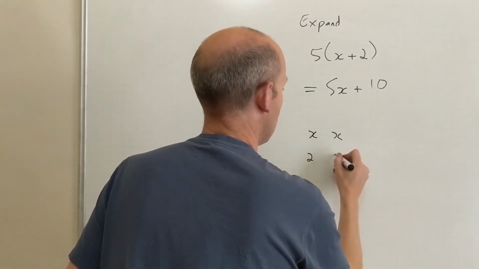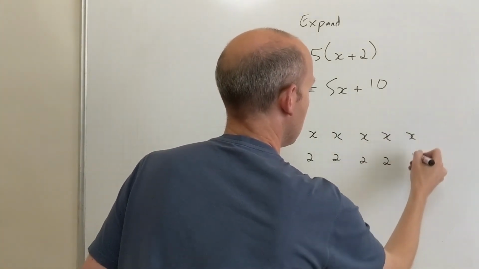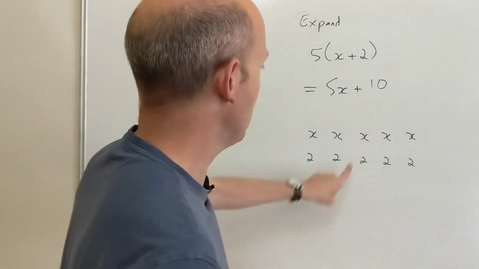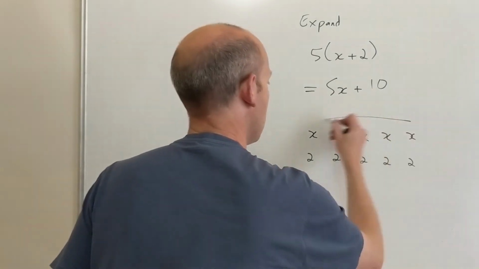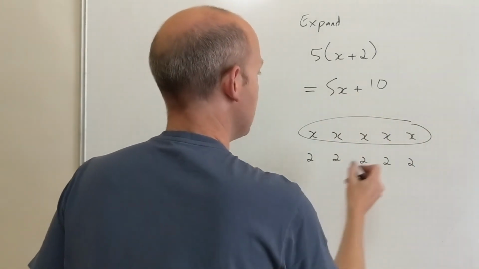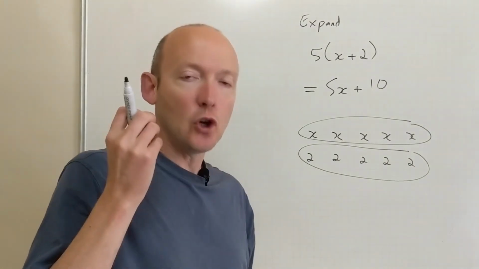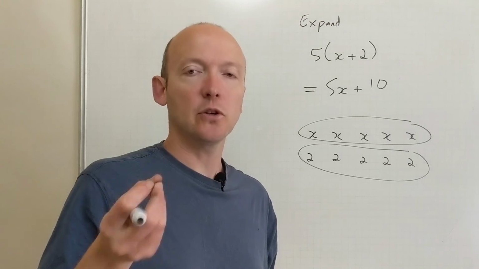Because if I have got 5 groups of x plus 2, 1, 2, 3, 4, 5, that's just the same thing as 5x's, 5x, and 10. If you've understood that concept, then expanding is far less likely to cause any difficulties.